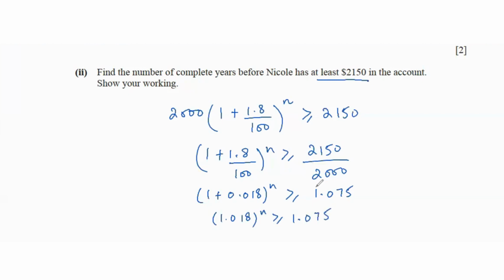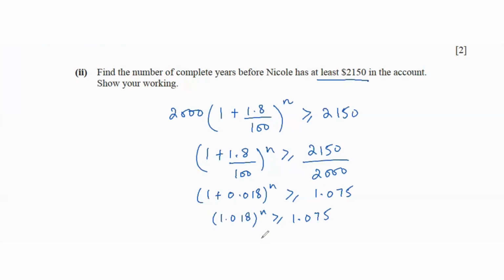So 1.018 to the power of 3 is 1.05. So that's not the value of n. To the power of 4 is 1.0739, which is not the same. But 1.018 to the power of 5 is 1.09.